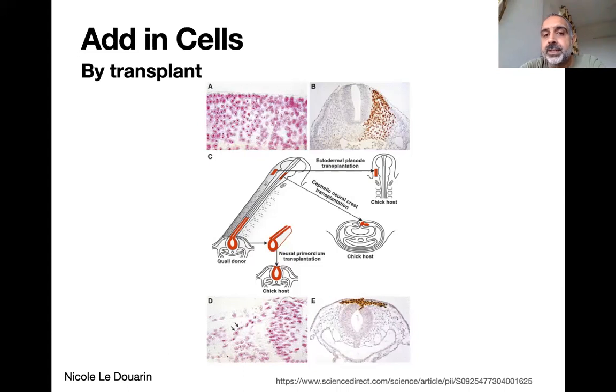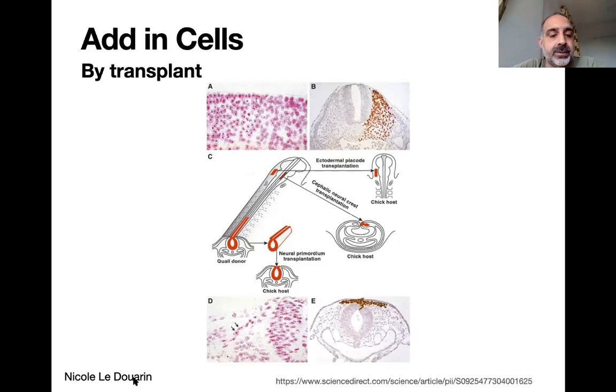Quail cells and chick cells are different though. Quail cells are marked by a nucleolus, whereas chicken cells don't have one. So you can replace part of the chicken embryo with the corresponding quail part, and then ask what that part gives rise to just by looking for the presence of nucleoli.